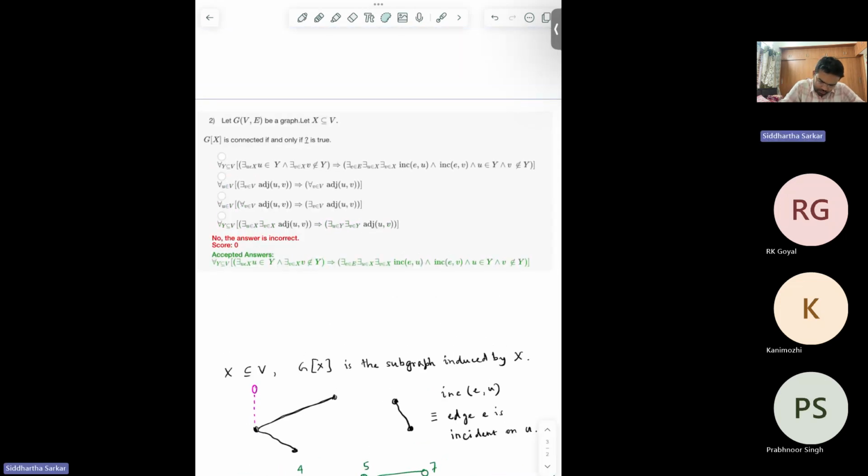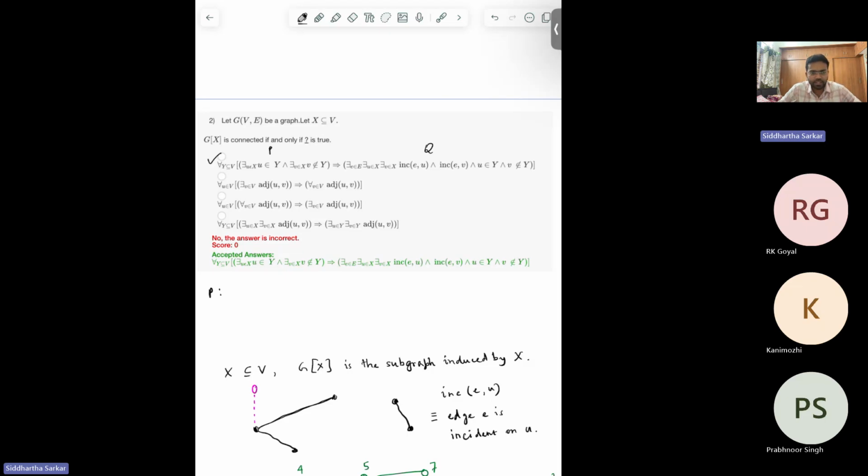So I'm looking at the first option, and I'm looking at the left hand side. So this is, let us say, statement P, and this is, let us say, statement Q. So P implies Q. Let us write in English what P means.